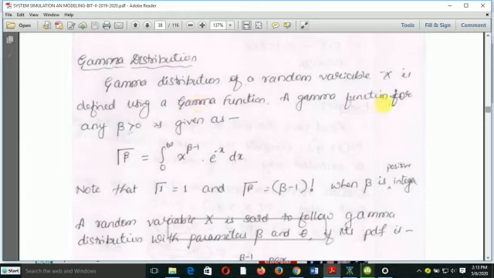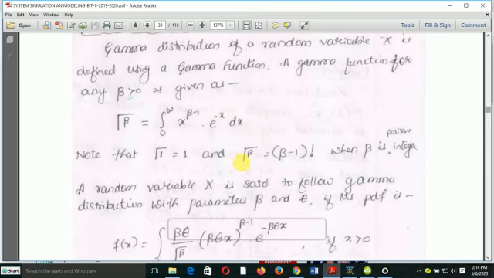A gamma function for any beta greater than 0 will be given by the gamma of beta, which is equal to the integral from 0 to infinity of x power beta minus 1 multiplied by e power minus x dx, like this.